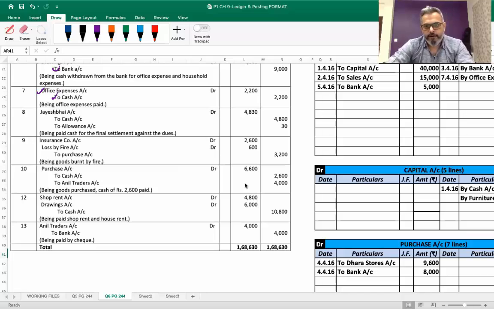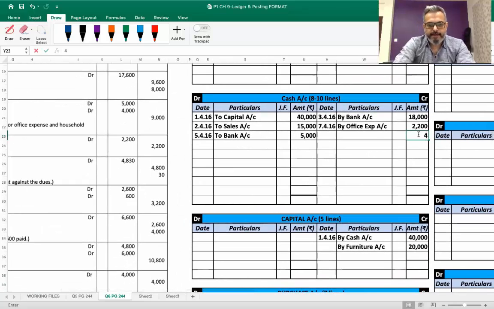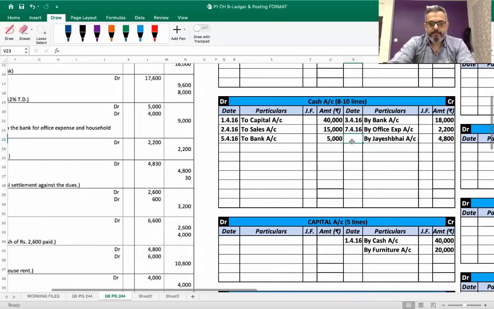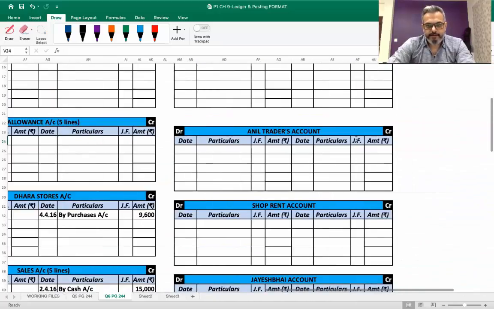Okay. Then Jayesh Bhai 4,830. So to cash 4,800 and to allowance 30. Now let's go to cash account. Cash account credit 4,800. So first we write 4,800 by Jayesh Bhai account, 8.4.16, and allowance account credit.